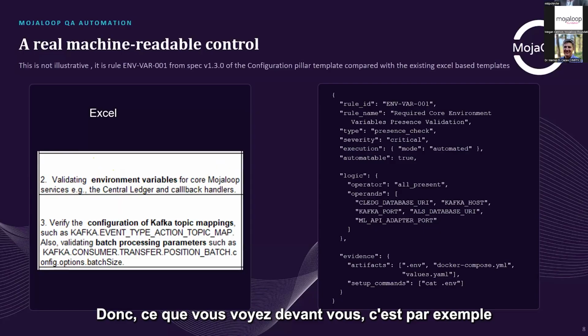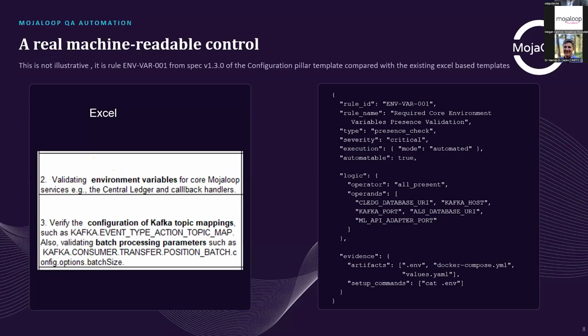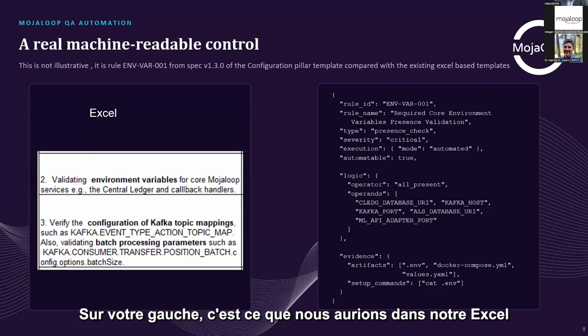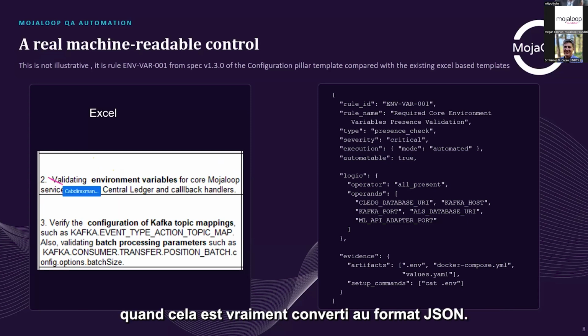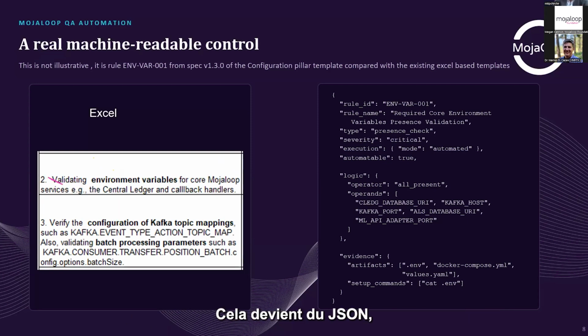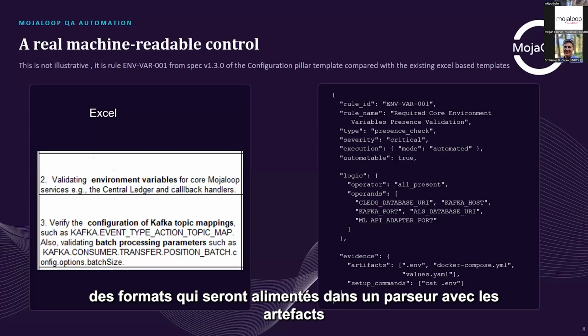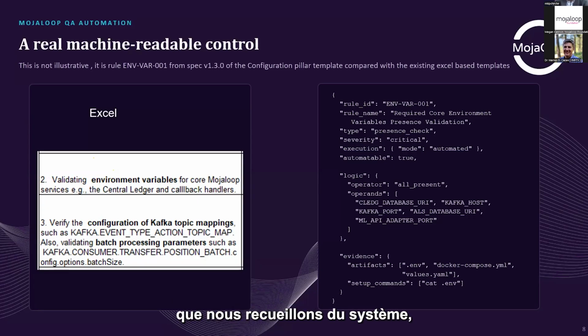What you see in front of you is, for example, what we have in our controls catalog. On your left side is what we would have in our Excel. When that is converted to JSON format, it will be fed into our parsers together with the artifacts that we collect from the system, and the outputs would then be results from a quality assurance assessment process.